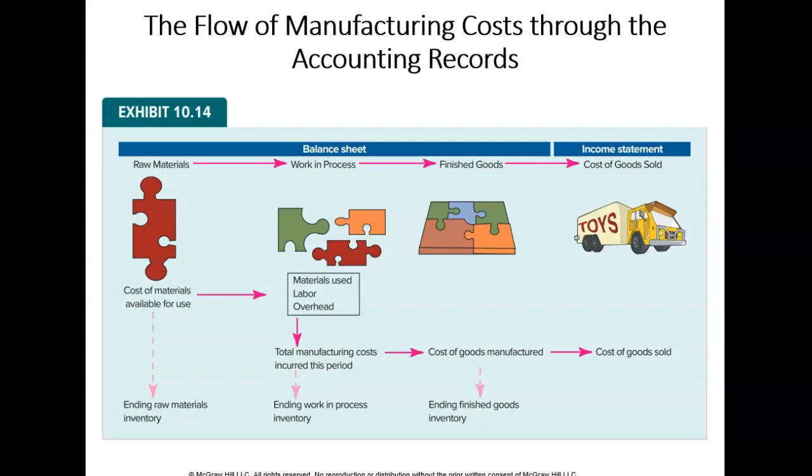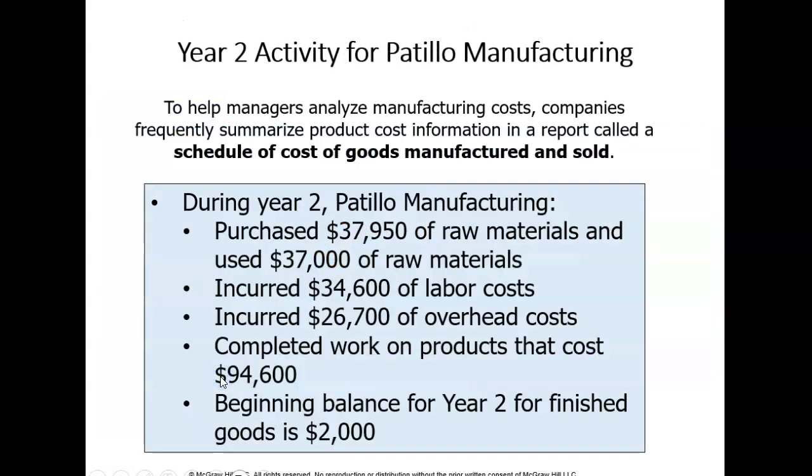Basically what we're going to do is show you how to calculate your cost of goods manufactured as well as your cost of goods sold. So let's get to an actual problem with some numbers. You might need to pause, do a screenshot, take a picture of these numbers.